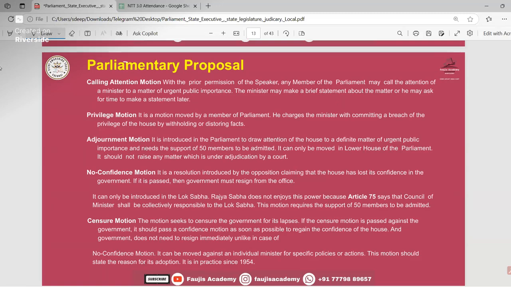If a member breaches the privilege which has been given to him, then the privilege motion will be brought into play. There was actually a case upon a member of parliament a few months back, stating she has misused her power. I don't want to name her, but a lot of committees were set up to discuss those things.